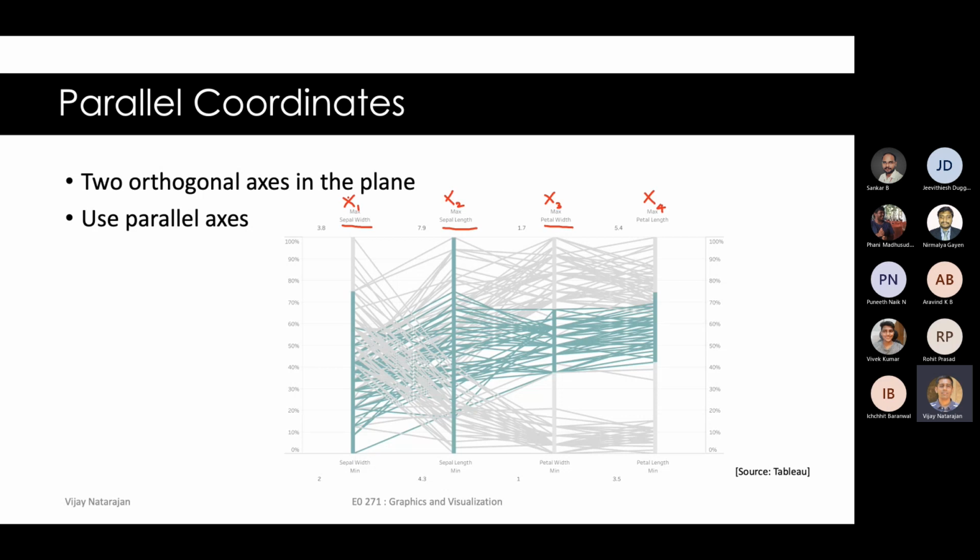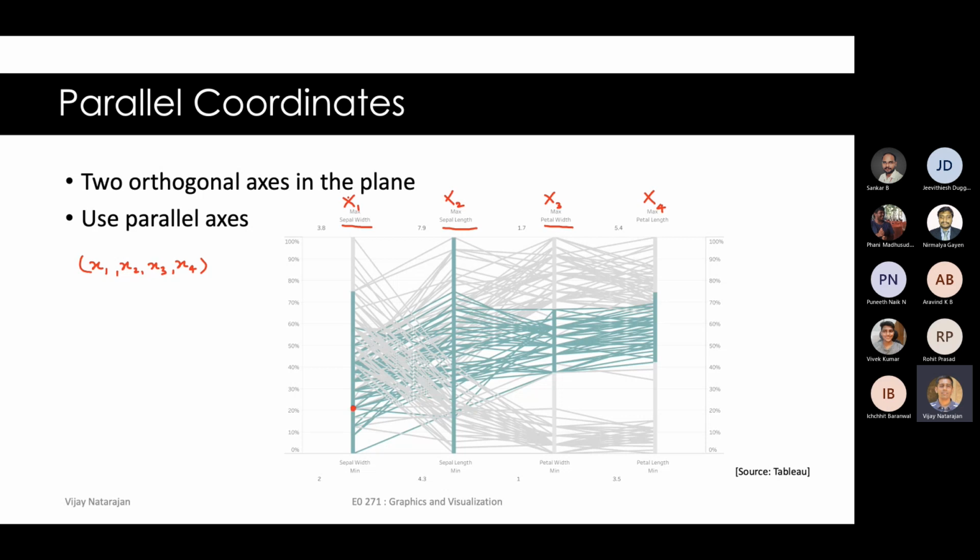So if you have a point now, x1, x2, x3, x4, right? So this would be a point in that 4-dimensional space, but in this parallel coordinate representation, this will be a polyline.